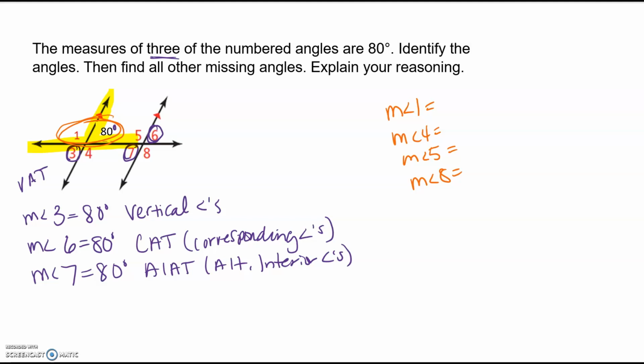Linear pairs are supplementary, so this should add up to 180. So if the measure that I'm showing is 80 degrees, this one should be 100 degrees. So measure of angle 1 is 100 degrees, and that's your linear pair postulate. They're supplementary.